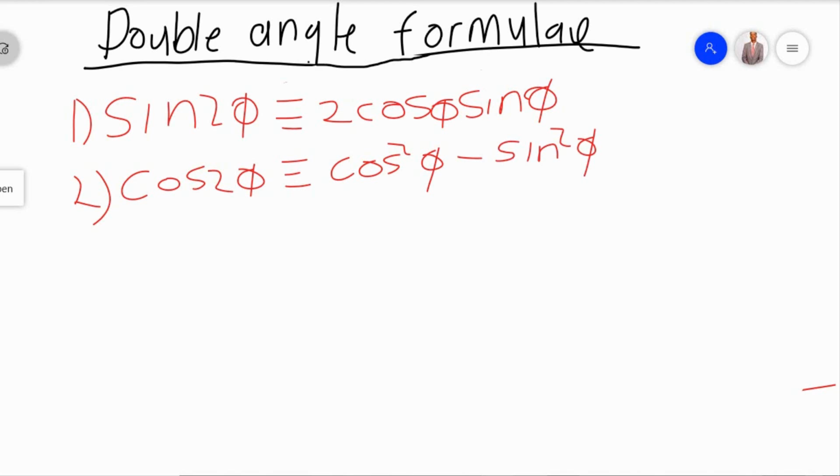I already know from the Pythagorean theorem that cos squared theta plus sine squared theta is exactly identical to 1.